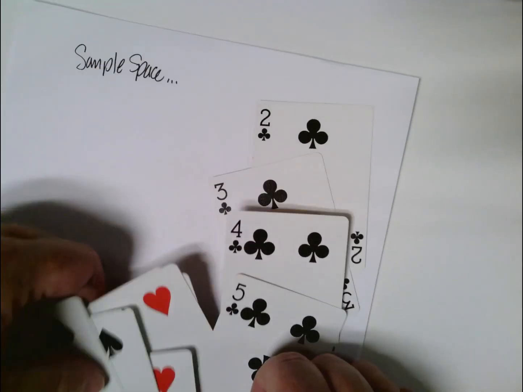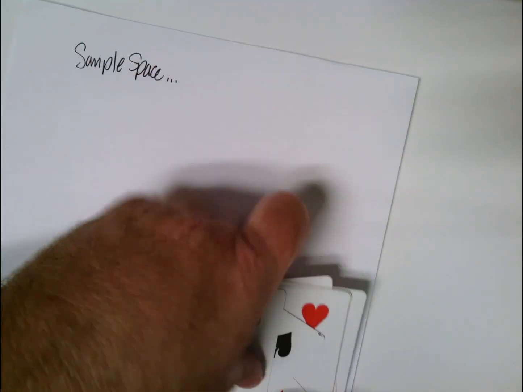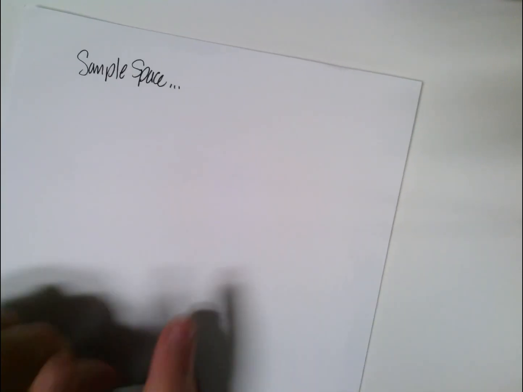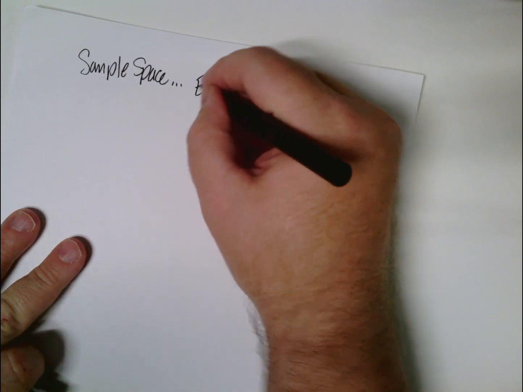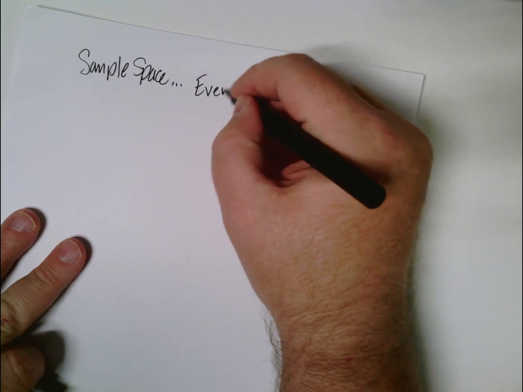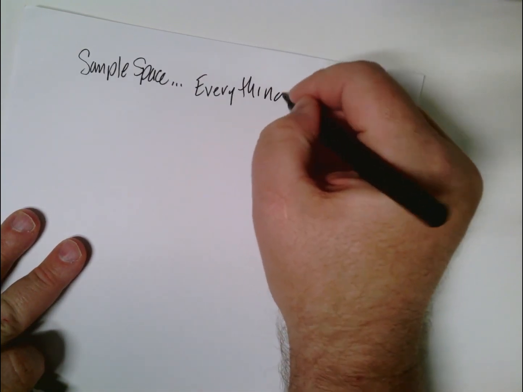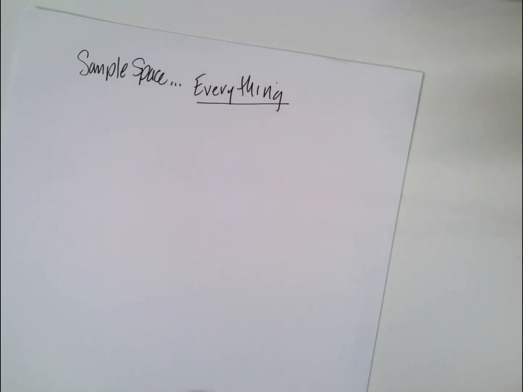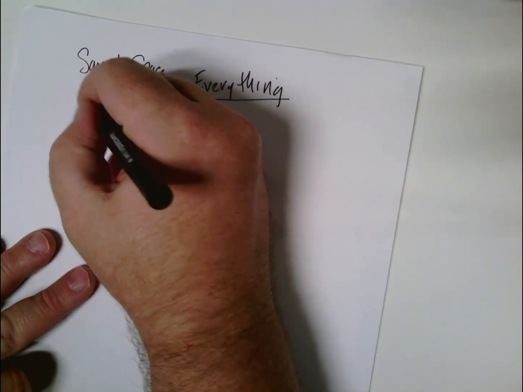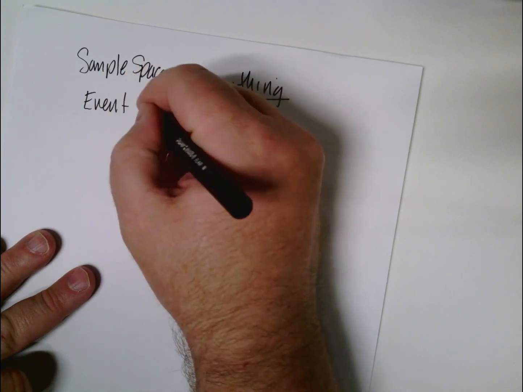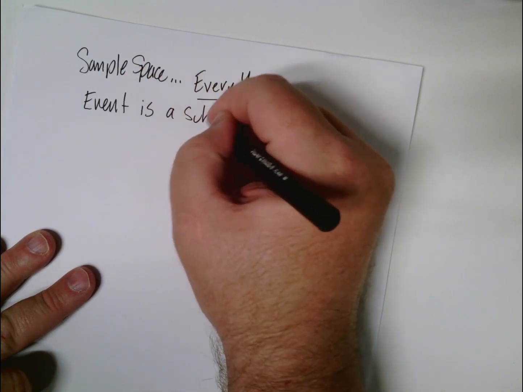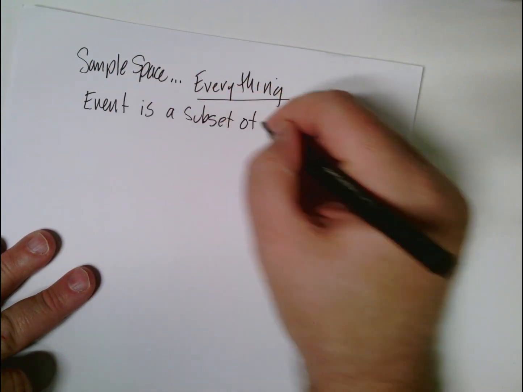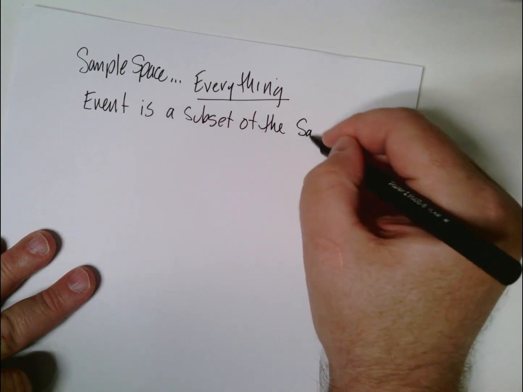All right, so let's look at some words that go with sample space. So we're going to create an event. We'll just call that sample space is everything. An event is a subset of the sample space.